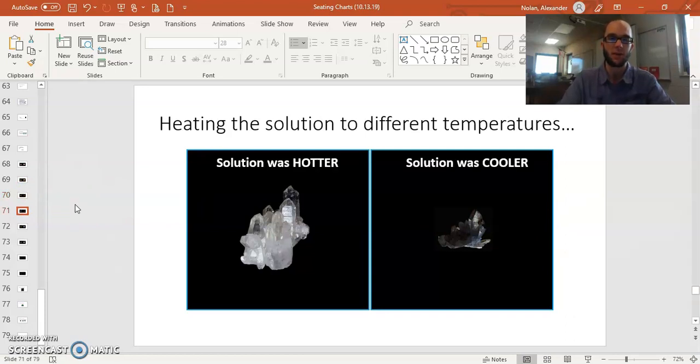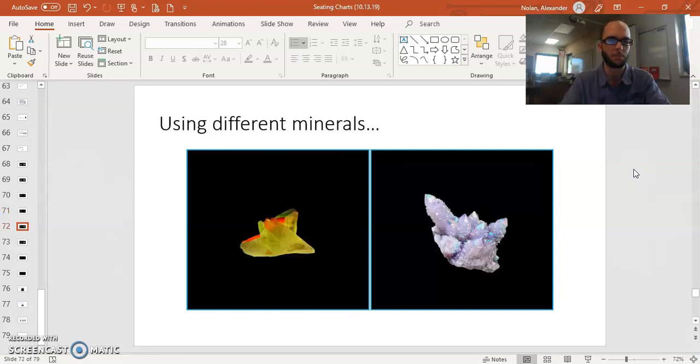It turns out that if your solution is hotter, if you get a really steaming hot solution, you're going to get a bigger crystal. And if your solution is not as hot, you actually get a smaller crystal. So we can talk about what's going on. Why does a hotter solution get you a bigger crystal and a cooler solution, a solution that never got as hot, get you a smaller crystal?